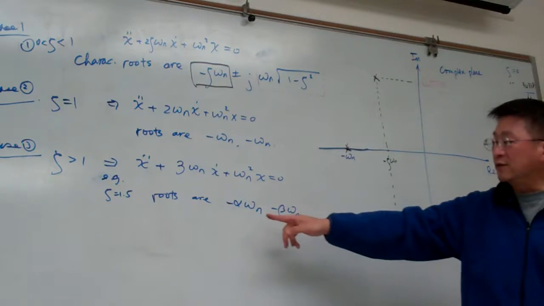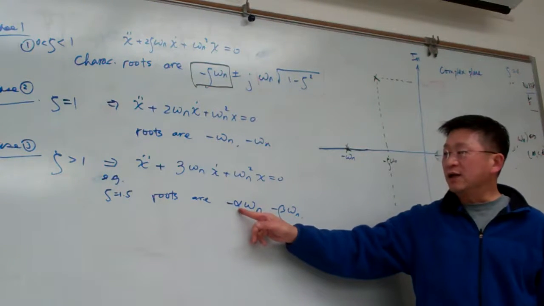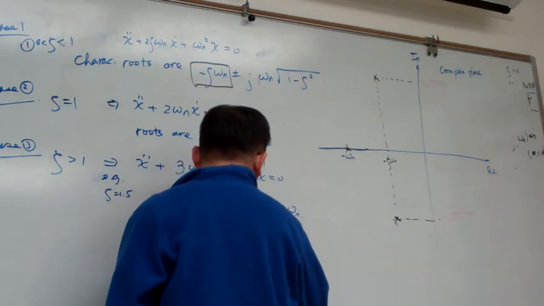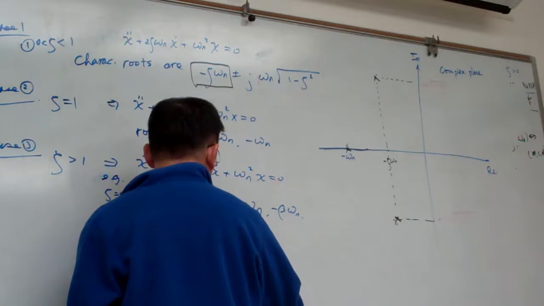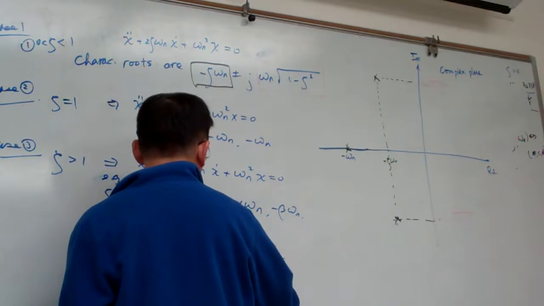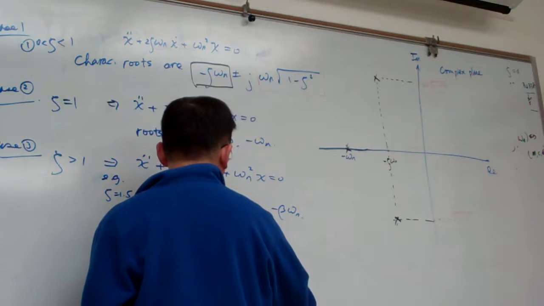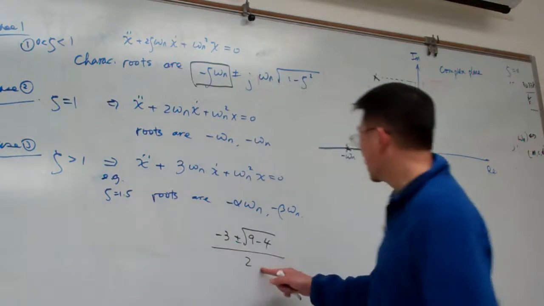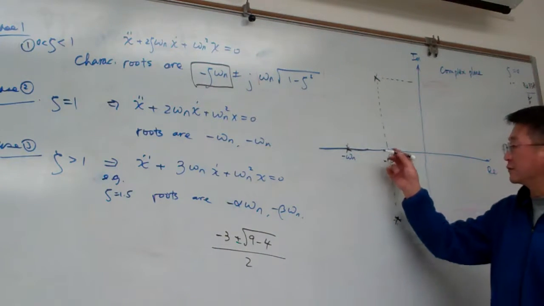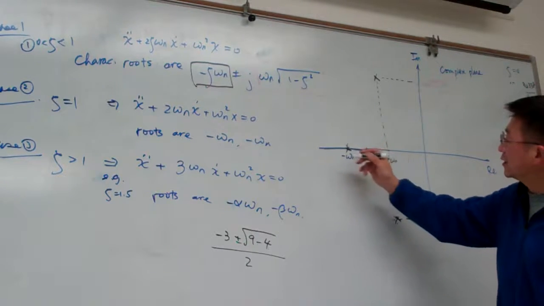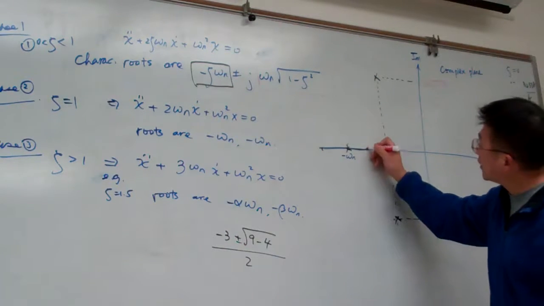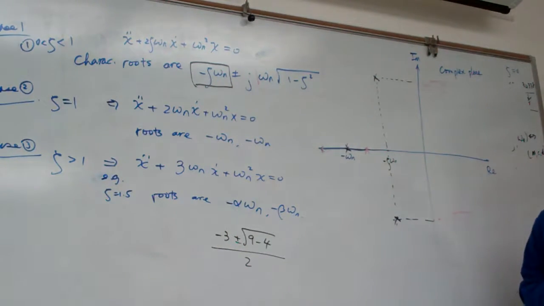For the third one, we can calculate this one: minus b plus or minus the square root of b squared minus 4, over 2a. Okay, so for this one, if you calculate, one should be here, and one should be here. Okay, so for case 3, let me use the colors. One should be here, one should be here. So that's a graphical representation.